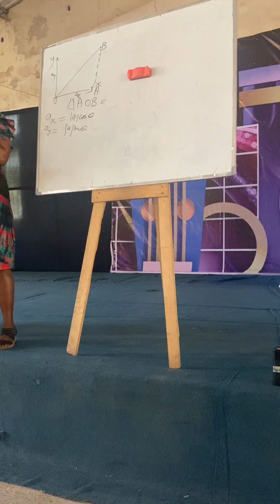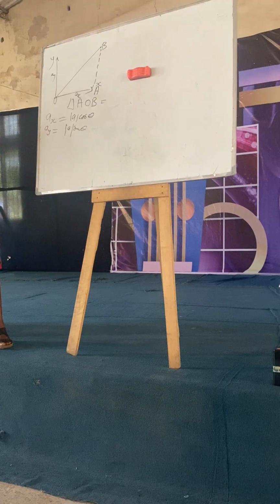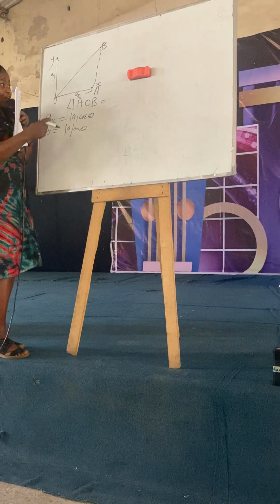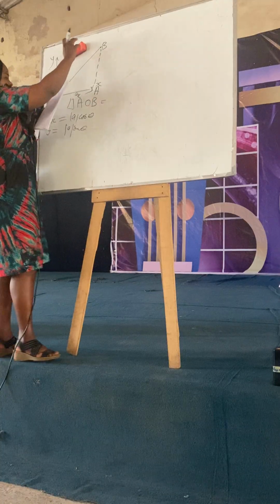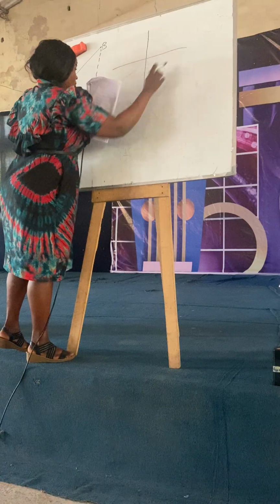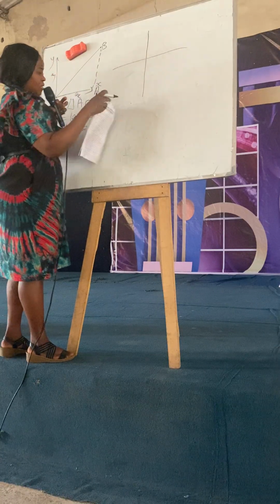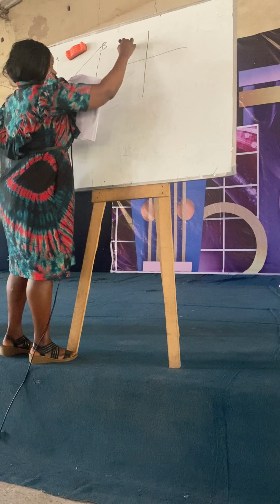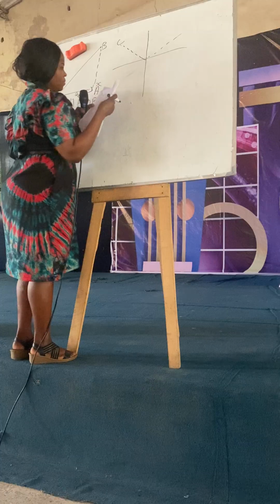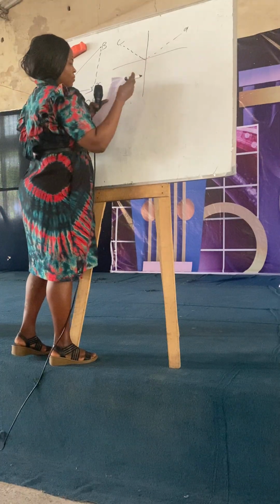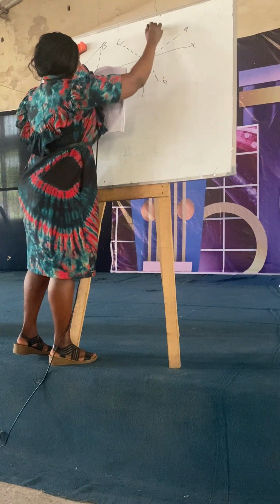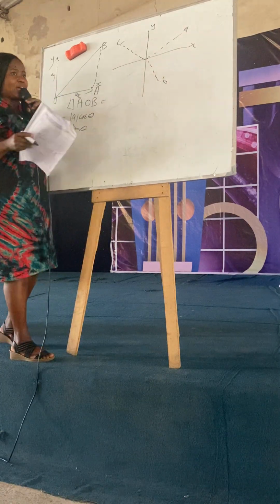So without wasting our time, let's see these vectors. They are up to two or three vectors inclined at a place. You have this vector C, this is vector A, and this is vector B, and this is X, this is Y. Now you are asked to calculate the magnitude and direction.